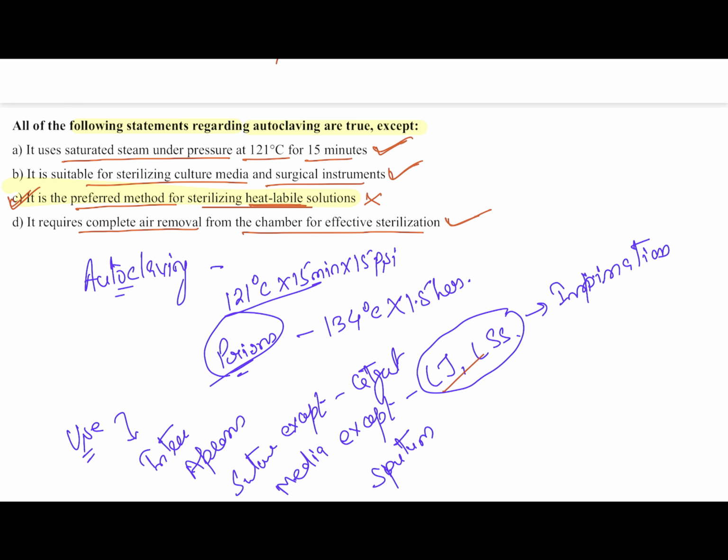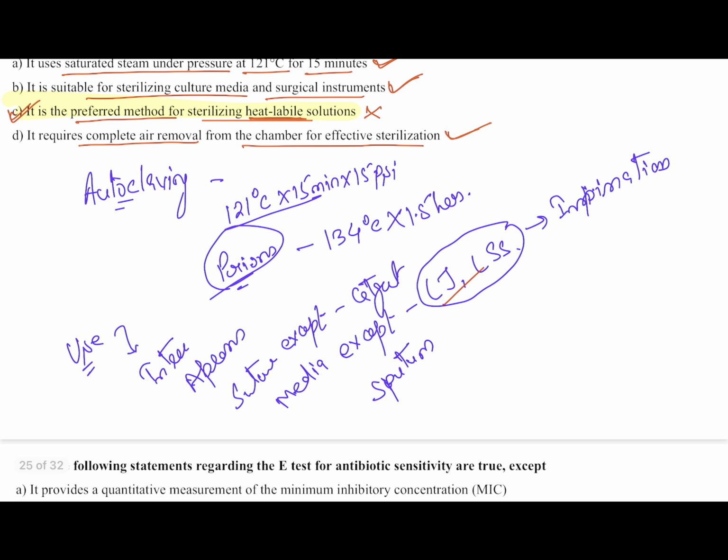Also for autoclaving you need to remember it is effective against all microbes and spores, but it is not used for heat labile solution. So this is our autoclaving. You also need to read hot air oven, filtration, ethylene oxide gas or plasma sterilization, UV radiation, and all those chemical ones like glutaraldehyde. You need to remember all those.